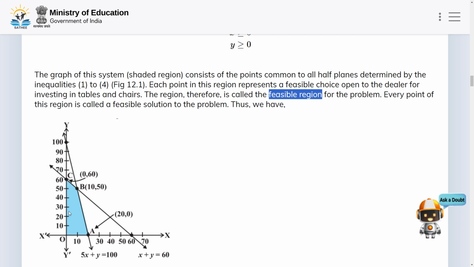As you can see, the common points for all of the inequalities, all of the restrictions, form this blue shaded region.